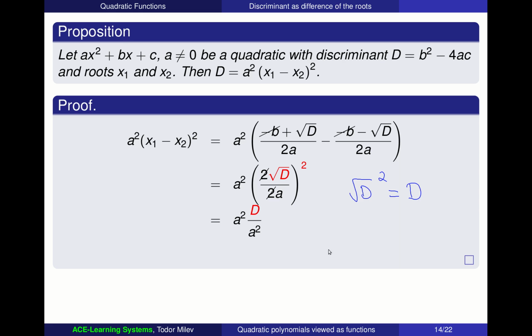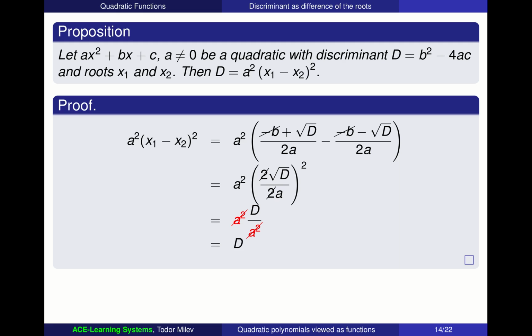The other way around, there was trouble: radical of D squared was plus or minus D. But when you have radical of D then squared, then you always get D out. Even if D is negative, if you go through the complex numbers, this always holds. So no problem there. a squared is, well, a squared, and now the two copies of a squared cancel, and we get D.